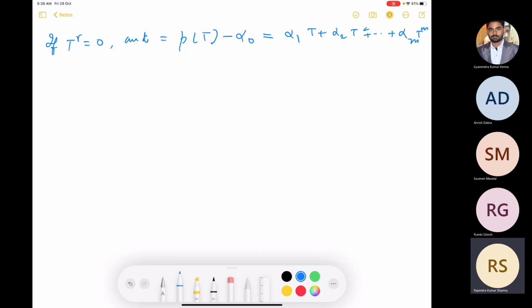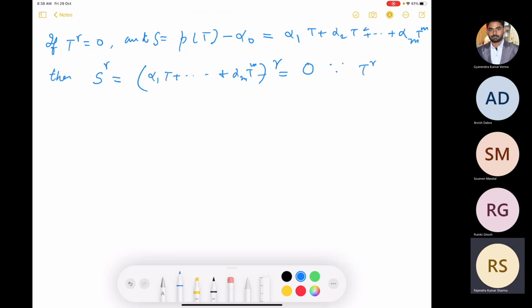So if T^r is 0, then S^r will be the rth power of this, alpha 1 t plus and so on alpha m t^m, and this will have a factor T^r, so this will be 0.